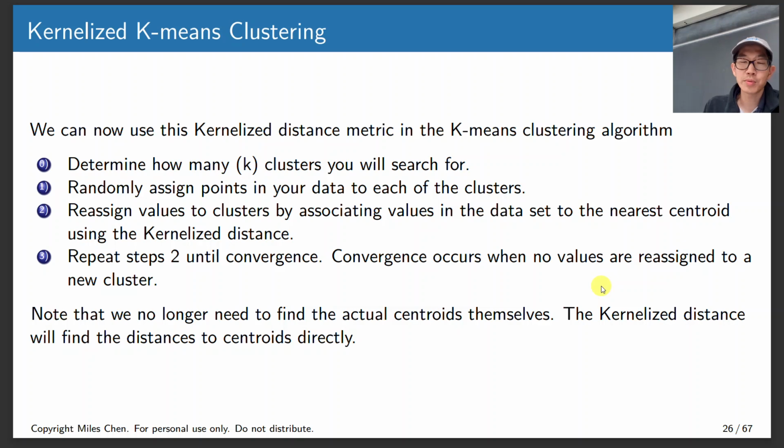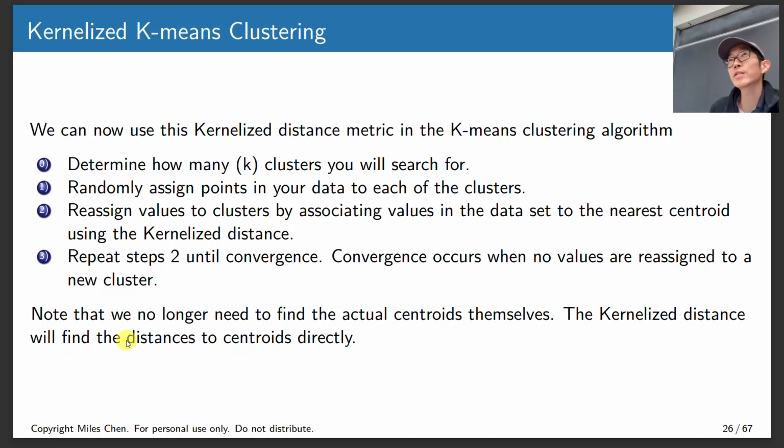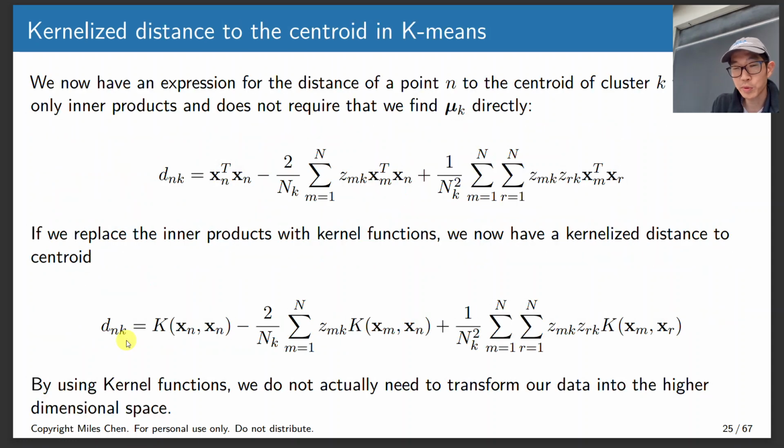Okay, so now that we have a way to measure the distance between each point and the centroid of cluster K, we can revise our k-means clustering into this. So we randomly assign points to each of the clusters, and then we calculate the distance between each point and each of the clusters.